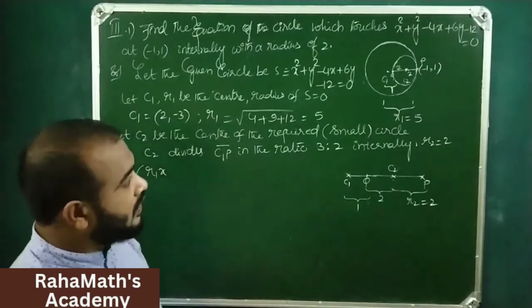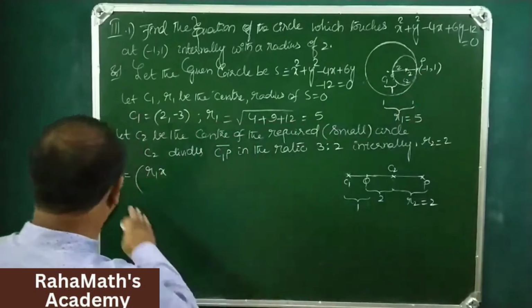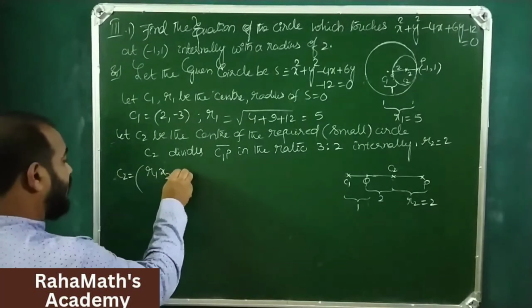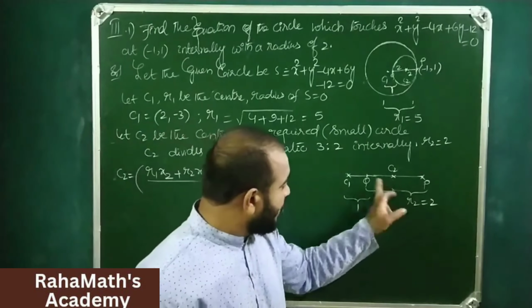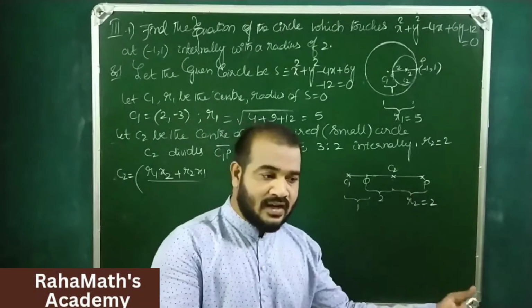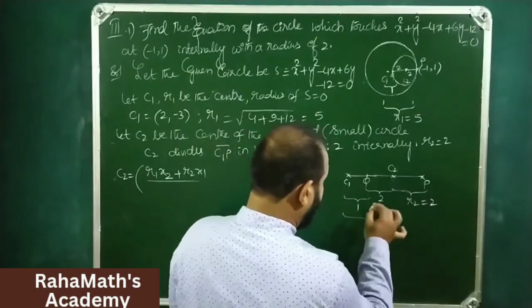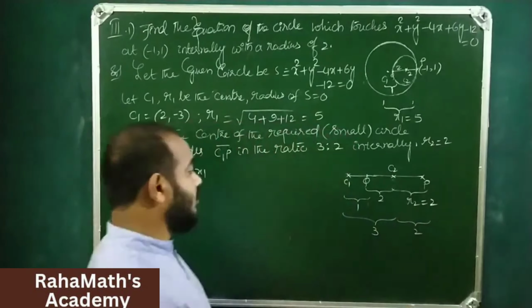Now P is equals to R1X2. So here this C2 is equals to R1X2 plus R2X1, because this C2 divides C1P internally in the ratio. This is how much? 1 plus 2 is 3 and this is 2.